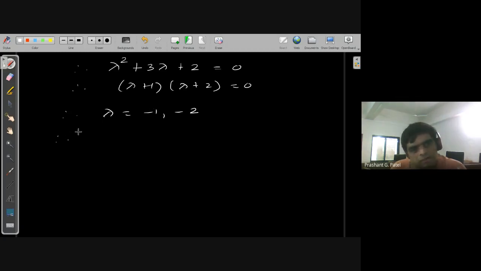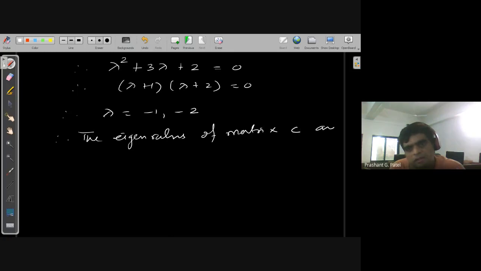So we can write, the eigenvalues of matrix C are minus 2 and minus 1. Just observe that the modulus value of this lambda 2, that means this value 2, is bigger.